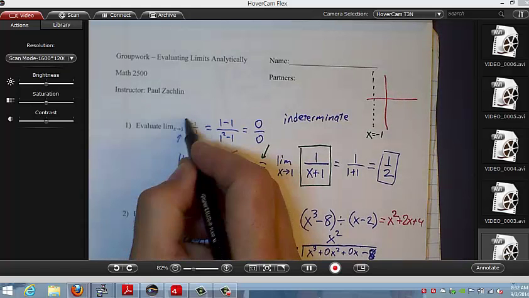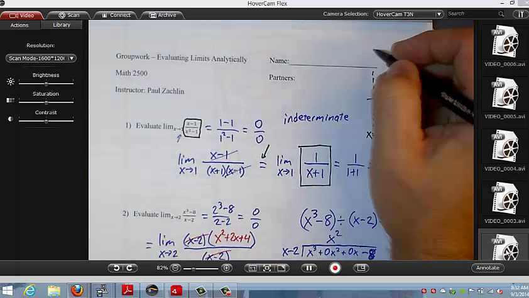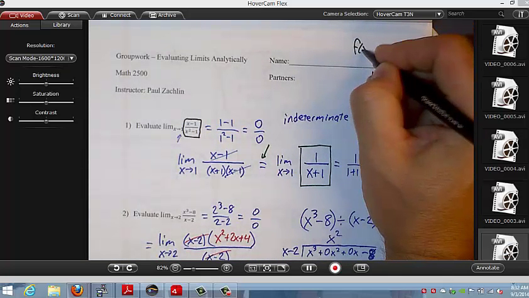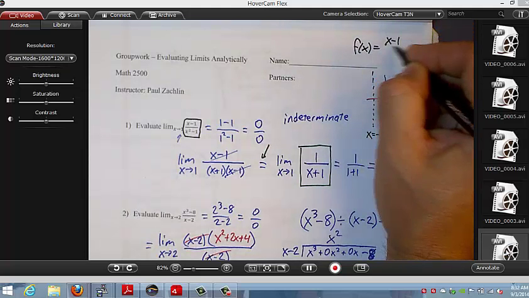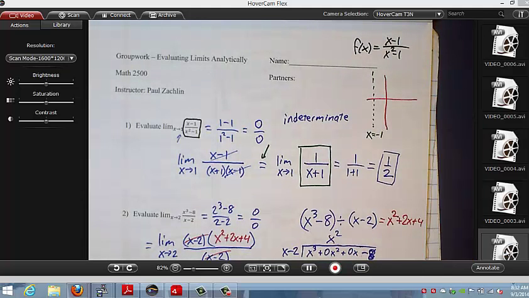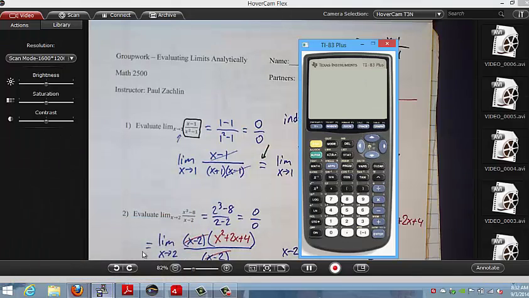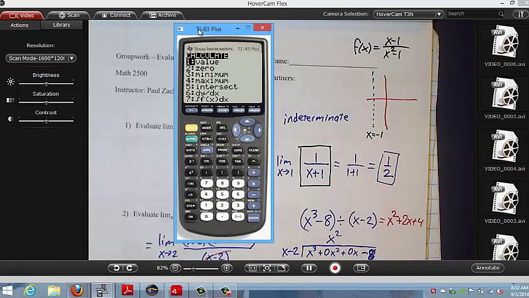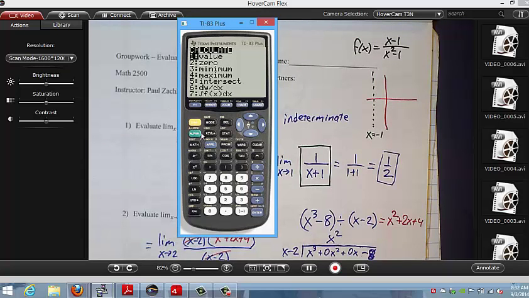So here, I'm going to graph, and you could try this, f of x equals x minus 1 over x squared minus 1. Maybe a graphing calculator might be worth my time. Let's show you this. I know what it looks like, but I want you to see it. Let's graph the function.